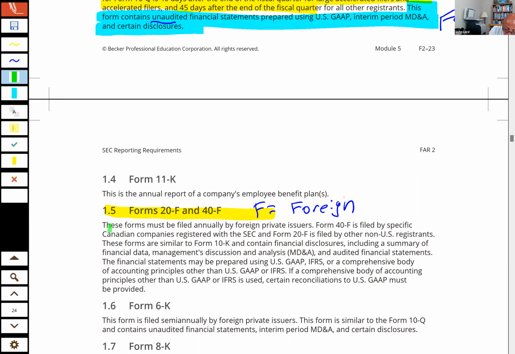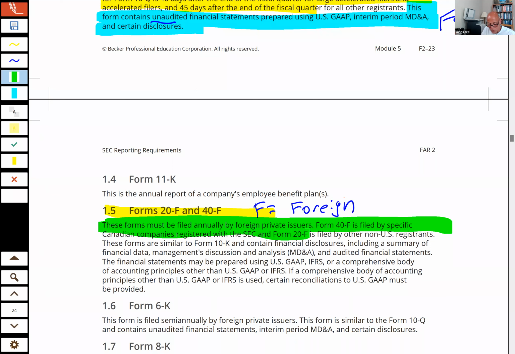Depending on whether you are Canadian or everybody else, you will use 40-F or 20-F. And these statements are audited. You can go ahead and flashcard this: 20-F, 40-F. The way I think of this is my new friends are only 20, but my old friends are 40. My old friends are the Canadians, and my new friends are everybody else. Just go ahead and flashcard that. And those statements are audited.